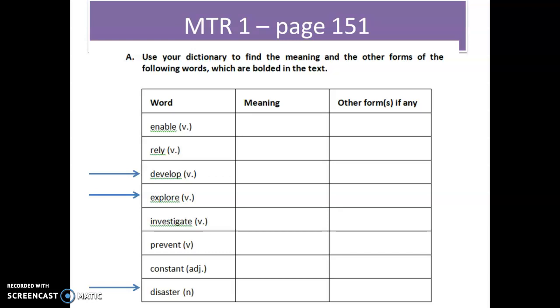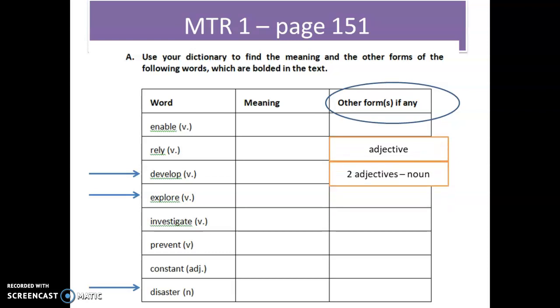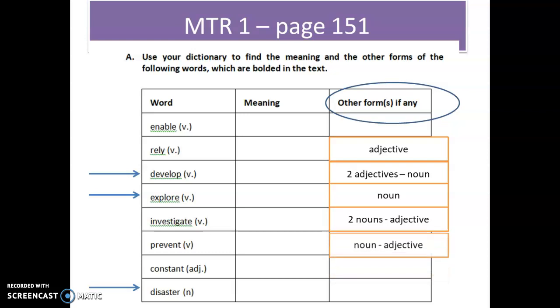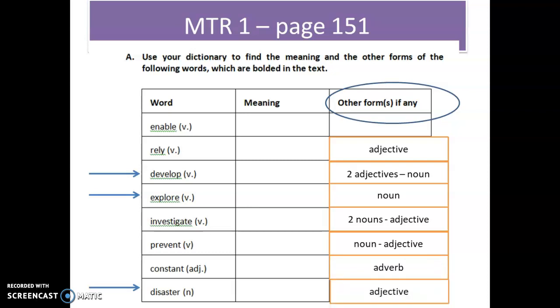And after that, I want you to look at other forms, derivatives of these words. For rely, I want one adjective, two adjectives, and one noun for develop, a noun for explore, two nouns and adjective for investigate, one noun, one adjective for prevent, one adverb for constant, and an adjective for disaster. So please have a look at these and come back.